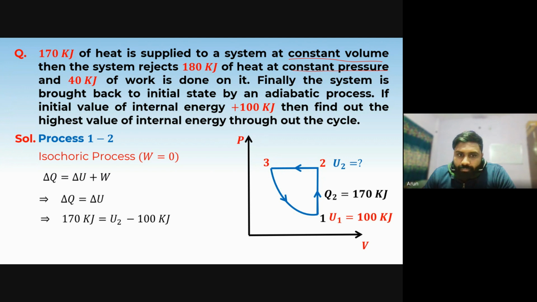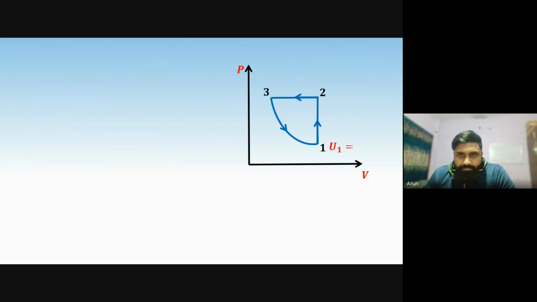That is equals to U2 minus U1, and U1 we have 100 kilojoule. So final U2 is 270 kilojoule. So U1 and U2 we have found out. This is the 270 kilojoule.